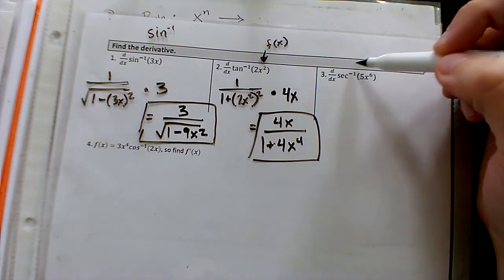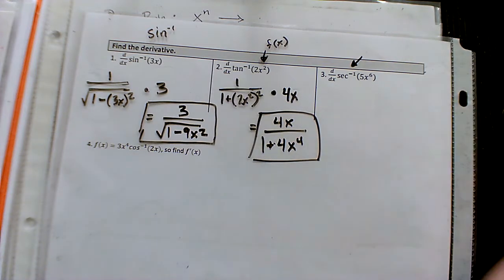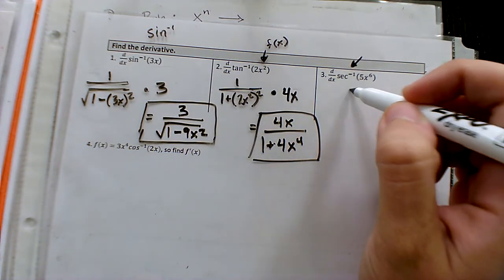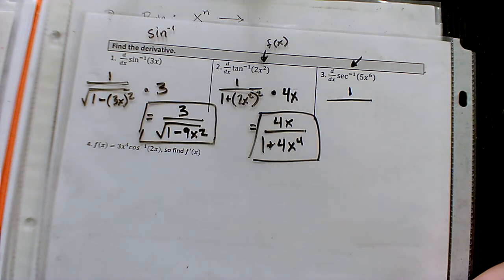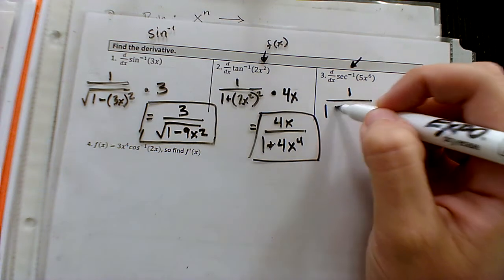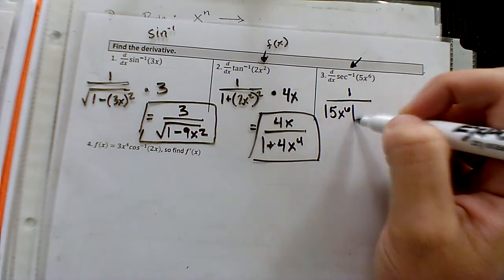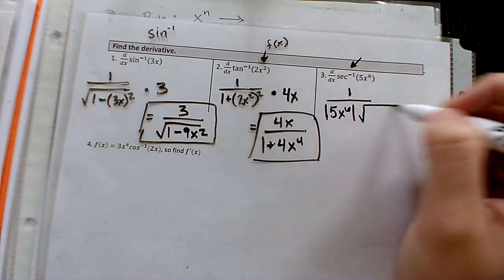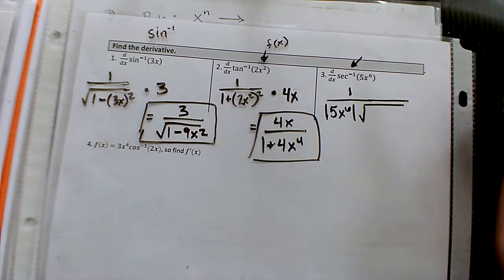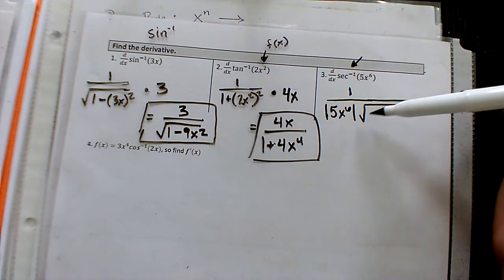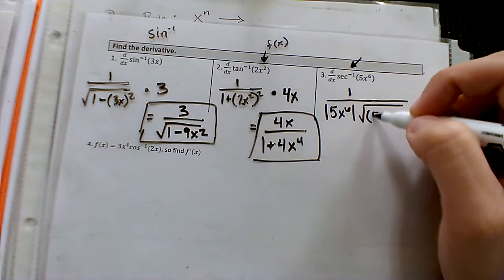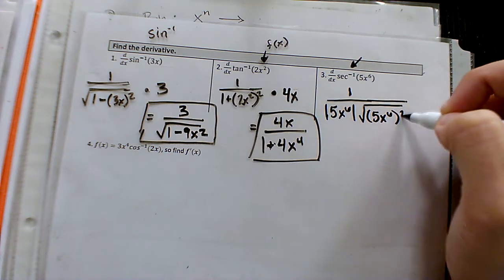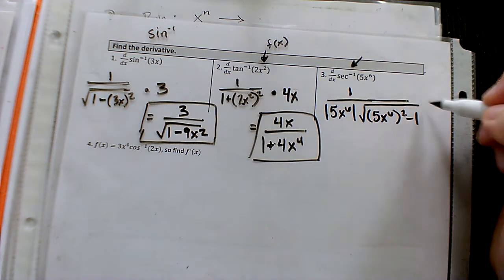All right. What about inverse secant? 1 over the absolute value. Okay, so we have 1 over the absolute value of the inside times the square root of the inside squared minus 1.